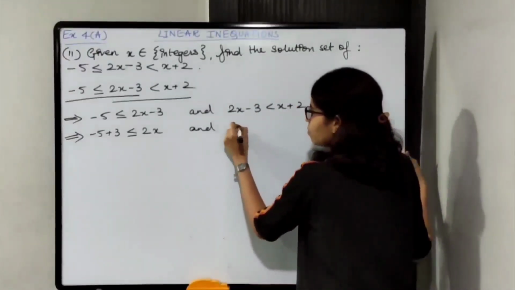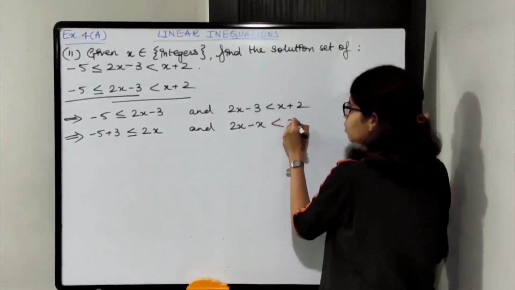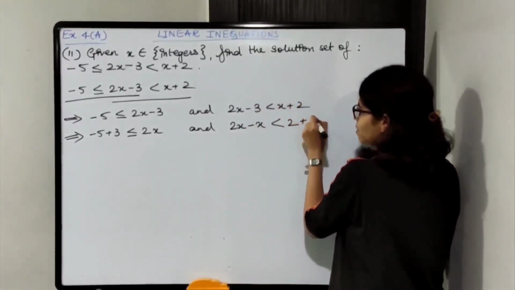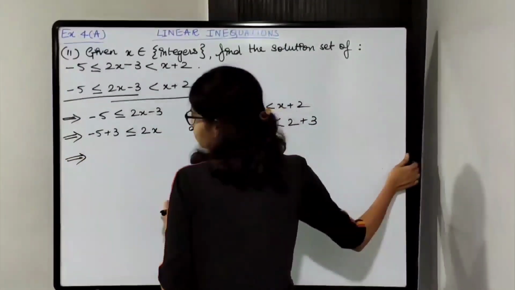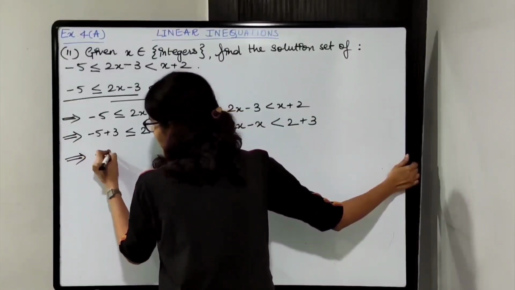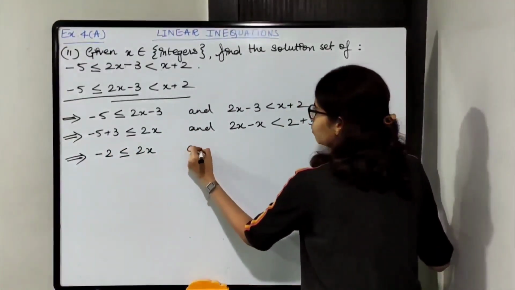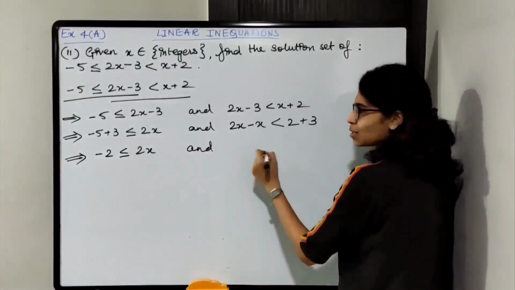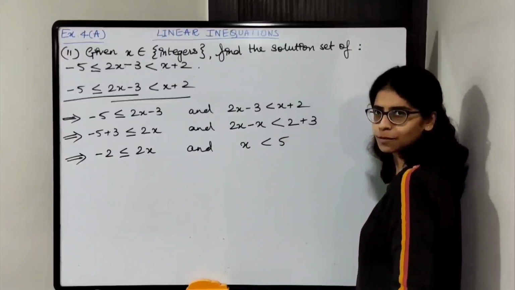So 2x as it is and यहाँ पे x will become negative is less than 2 as it is. This will become plus 3. So -5 plus 3 will be -2 is less than or equal to 2x. And over here 2x minus x हो जाएगा x is less than 2 plus 3 is 5. Okay.